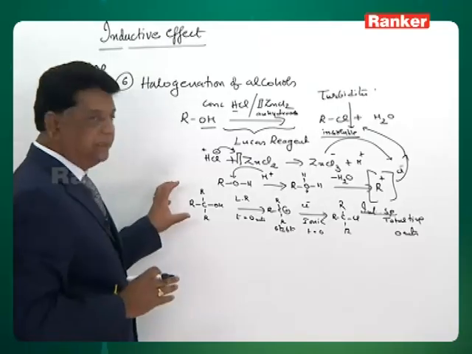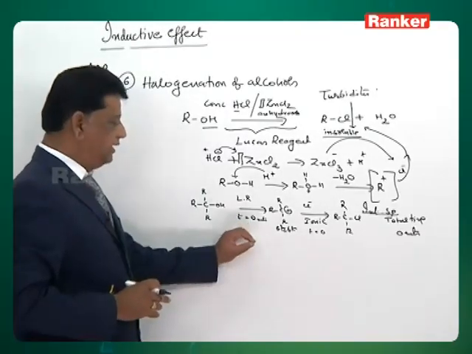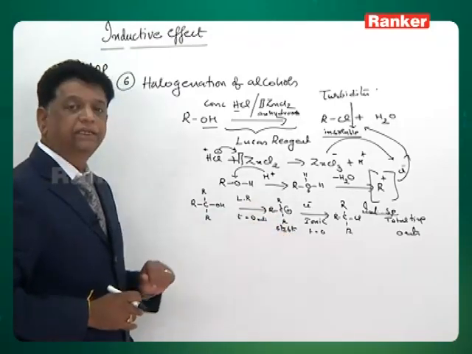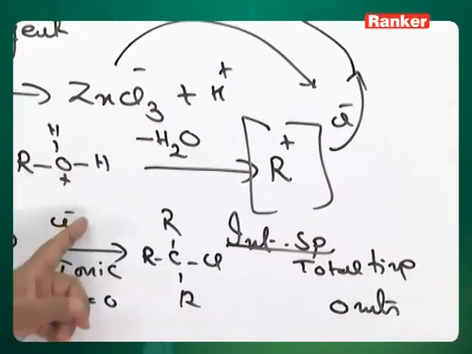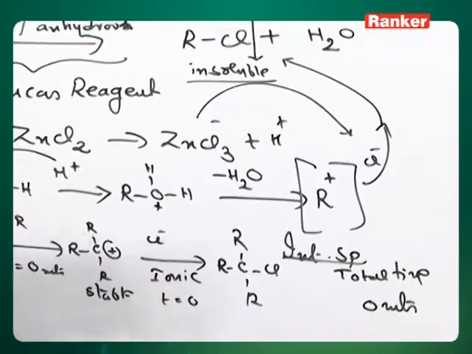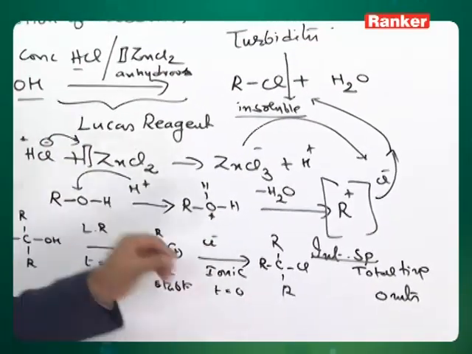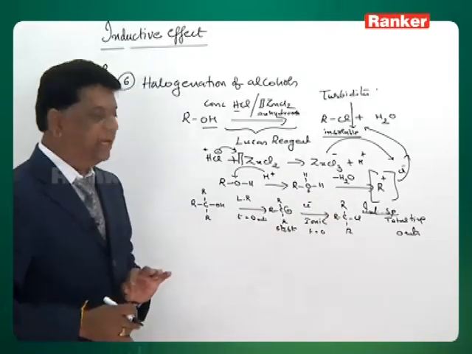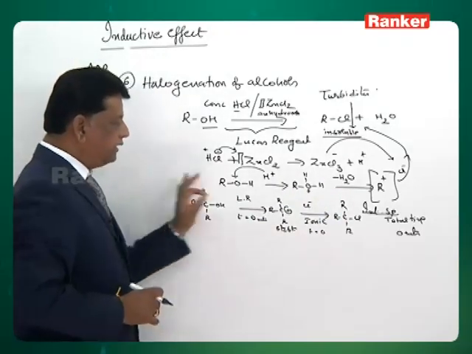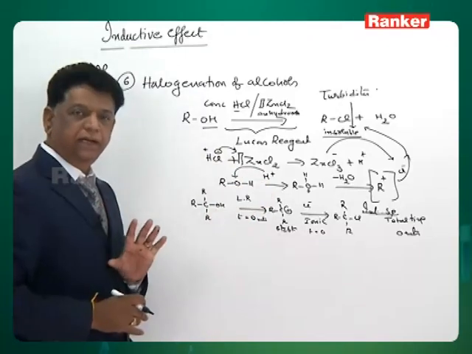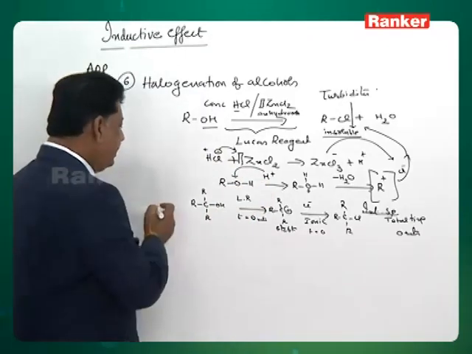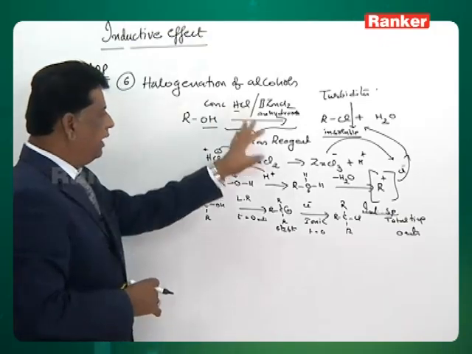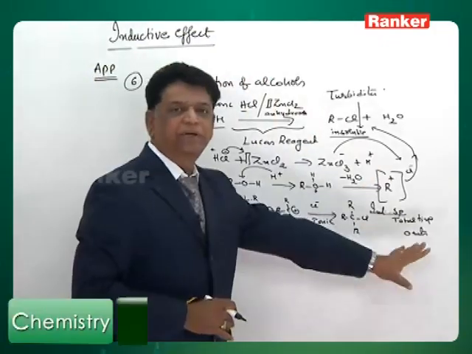The moment tertiary alcohol is added to Lucas reagent, you instantaneously get the carbocation because it is very stable, then immediately Cl minus attacks because the second step is ionic and fast. So turbidity comes in no time. The total time required to get turbidity is 0 minutes. So, in the case of 3 degree alcohols, the moment you add Lucas reagent, you will get the turbidity.